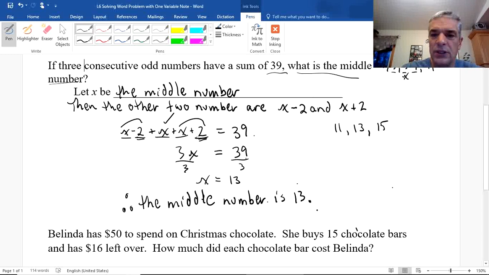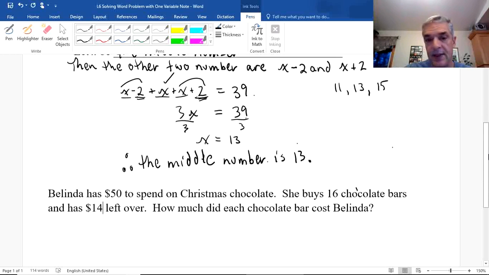Now, you could go on and say the middle number is 13 of 3 consecutive numbers that add to 39. That would be a more clear statement, and I don't think it would be wrong to do that, but it is a little bit more wordy, and technically you've answered the question when you get there.